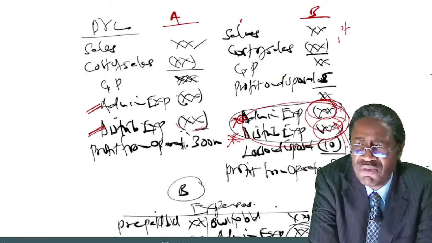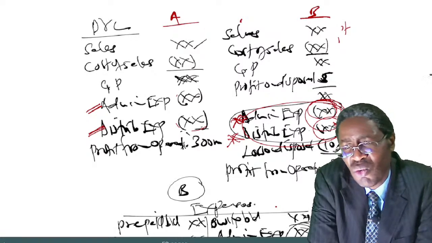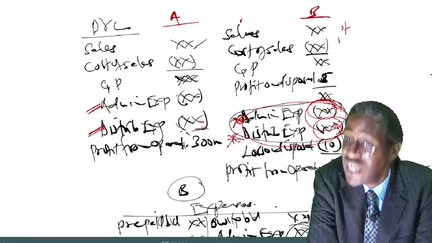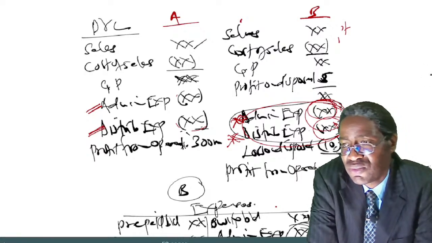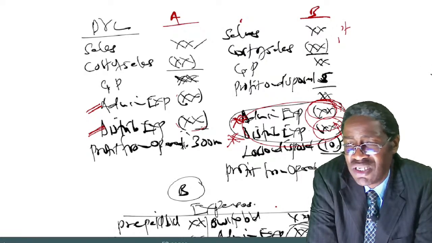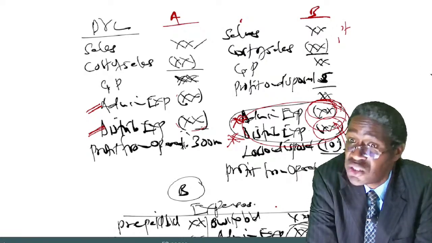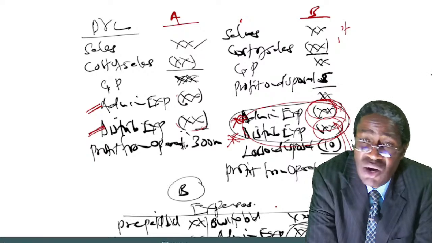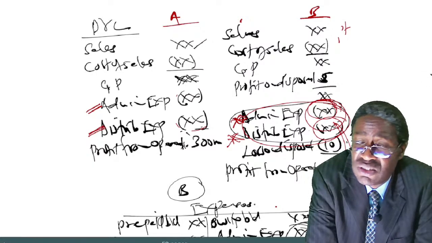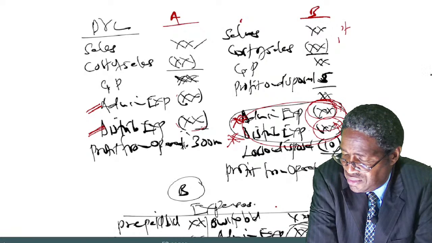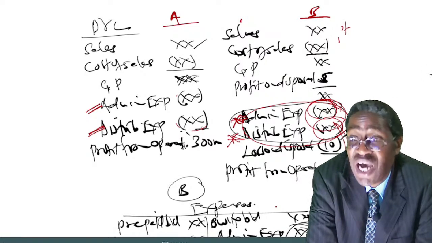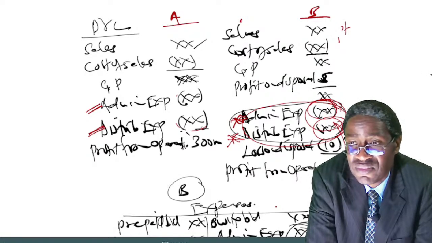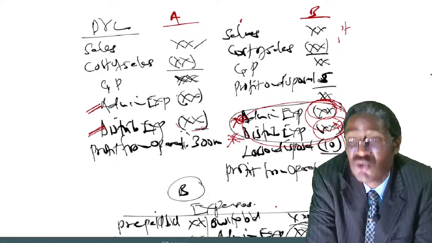They got the same profit from operation. Somebody suggest, how did accountant A use it to get the same 300 million? I want to hear some suggestions. Where do you think accountant A used his 5 million?